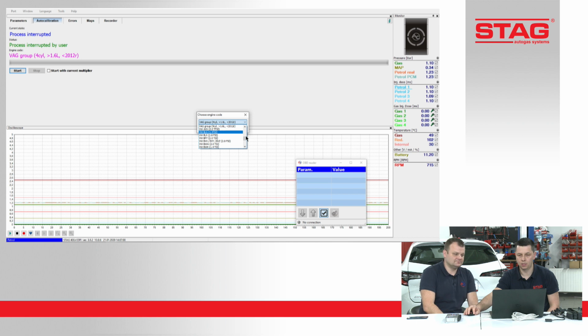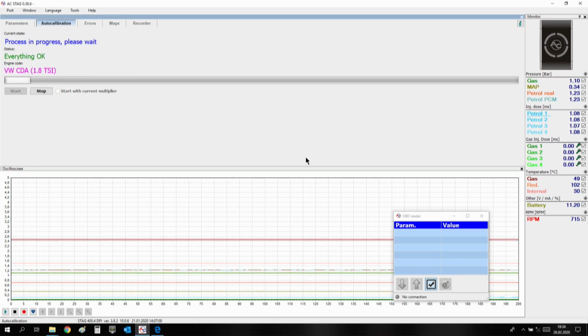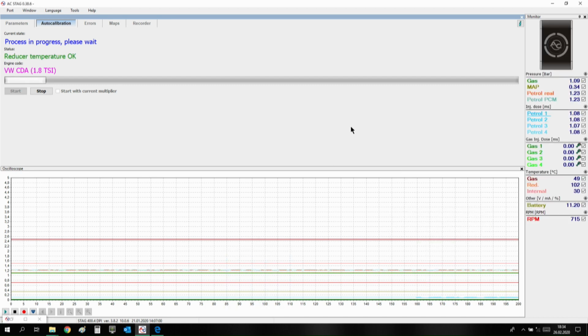That's the rule. So if you have chosen one of the engines, for example the 1.8 engine from Volkswagen, CDA group, just as an example, we can start the calibration and see what's happening. The progress bar is going on, and there is information like the process in progress, reducer temperature, and the RPM.